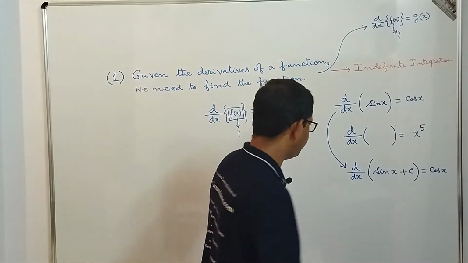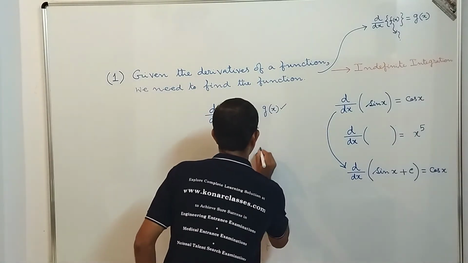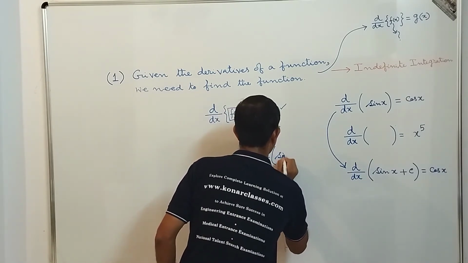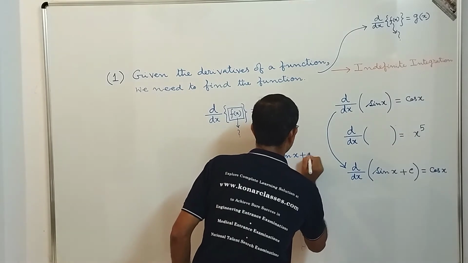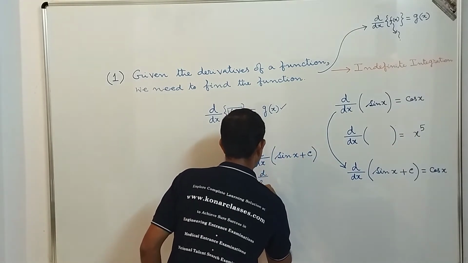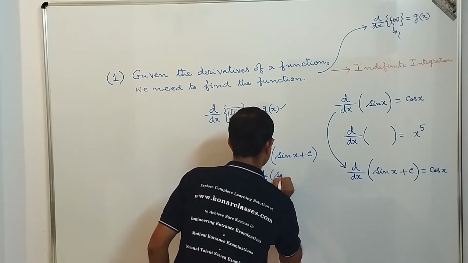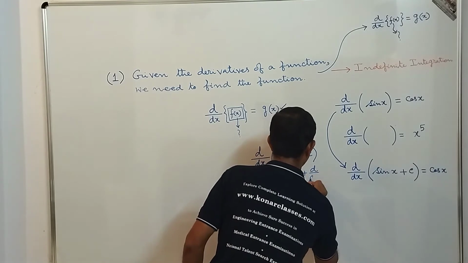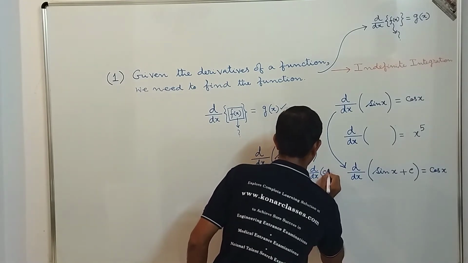So what I wanted to mean is that d/dx of sin x plus c, where c is a constant, is equal to d/dx of sin x plus d/dx of c, correct or not?